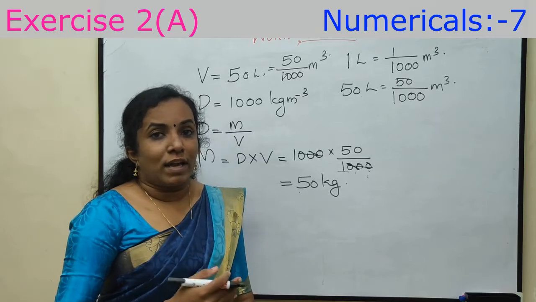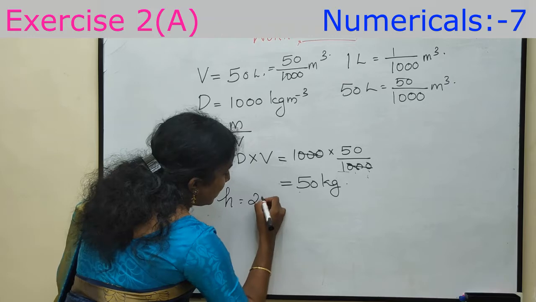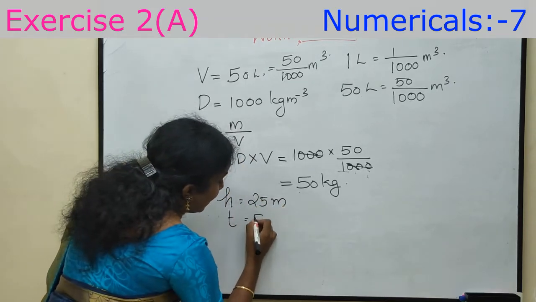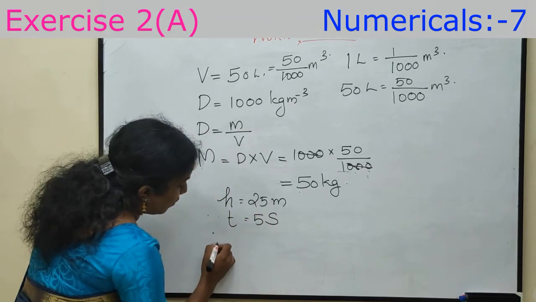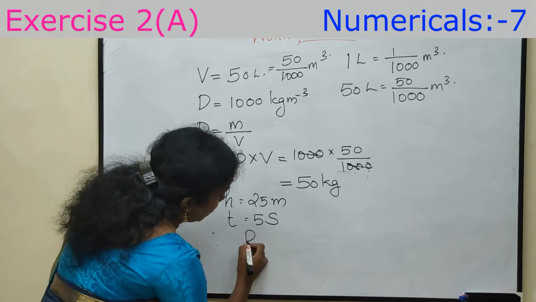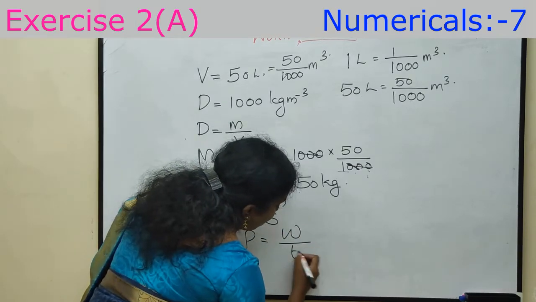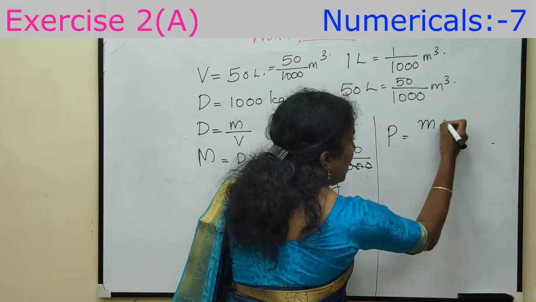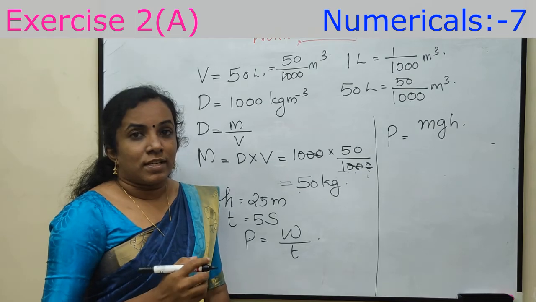This 50 kilogram water rises to a height of 25 meter in 5 seconds. Therefore, the power spent is equal to work by time. Here, work is equal to mgh. How will we get mgh?